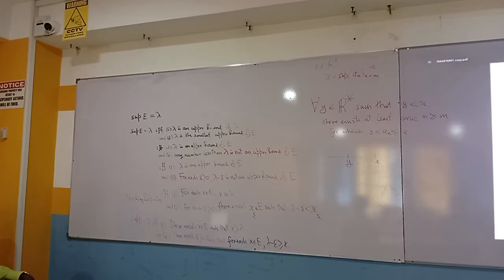But you cannot assume the result that you are going to prove. What you are going to say, since y is less than x, x is the least upper bound, that kind of language you are going to use.